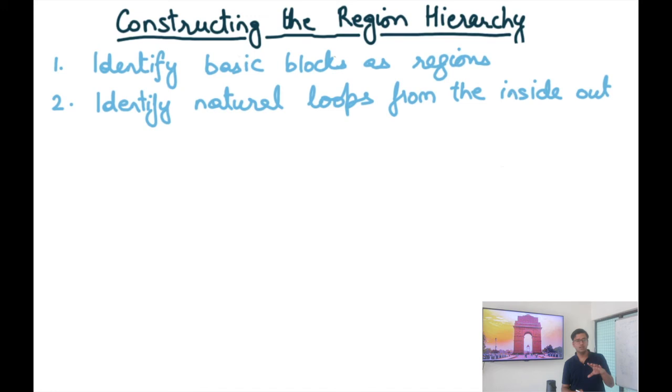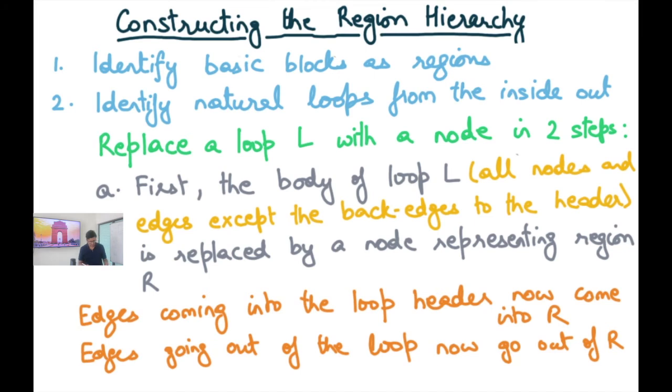If the headers are disjoint, and all the nodes in one loop are a subset of all the nodes in the other loop, then we say that the first loop is nested within the second loop. So we identify the natural loops and their hierarchy based on that algorithm, and then we use that to construct our regions.